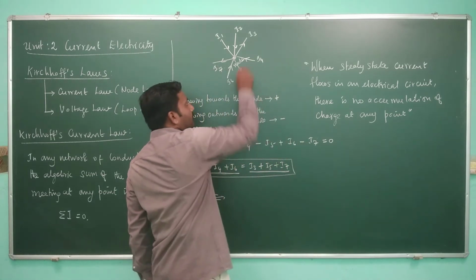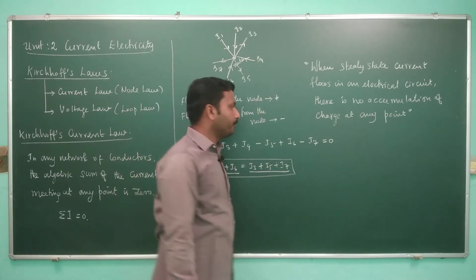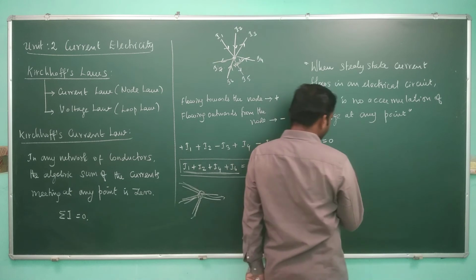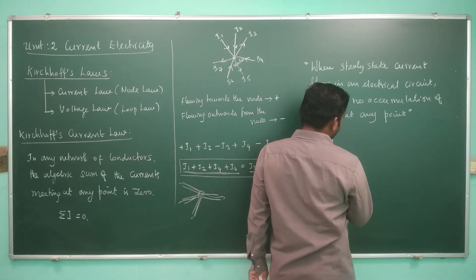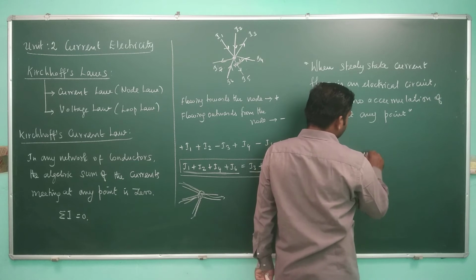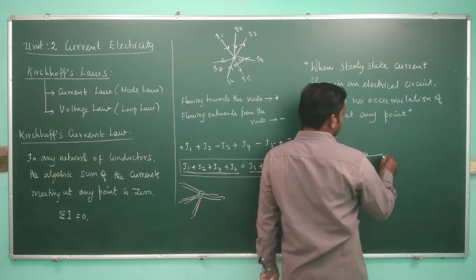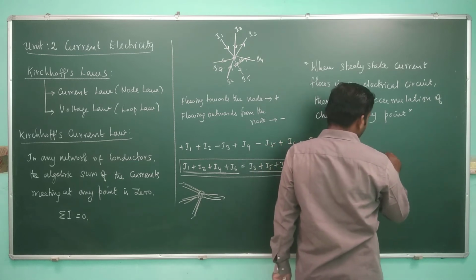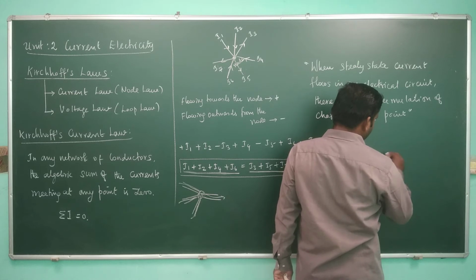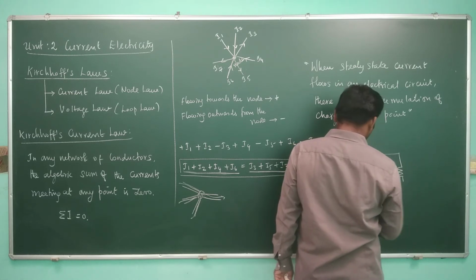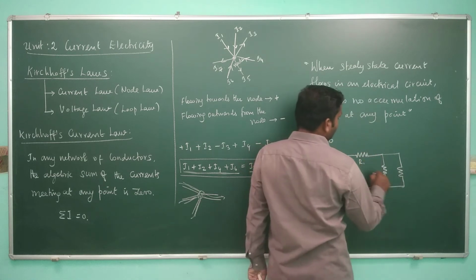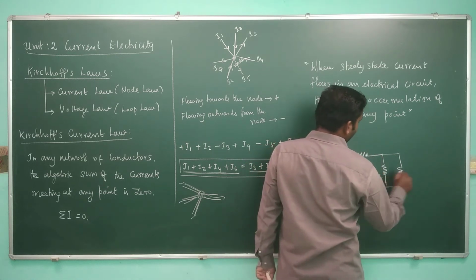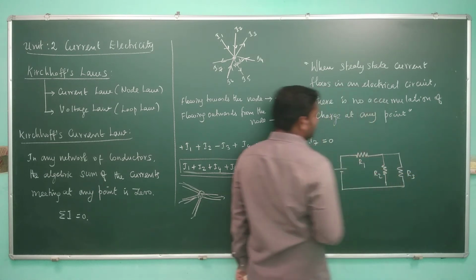Okay, fine. We can draw this in a circuit form. For example, if there is a circuit looking like this, this is R1, let's say, this is R2, and this is R3.